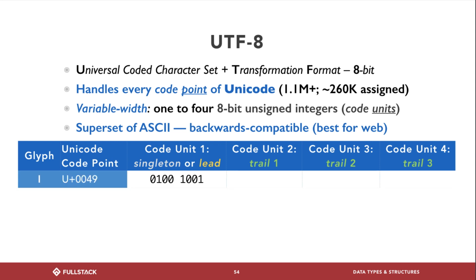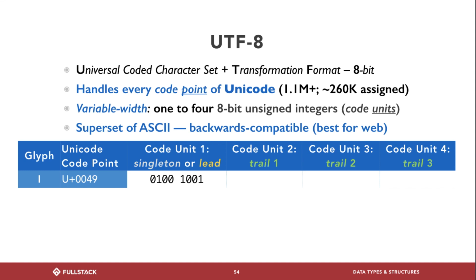The letter I, which is Unicode code point hex 49, not decimal 49, hex 49. That letter I is the binary on-off states of 0100, 1001. Guess what? Even though that's UTF-8 encoding, it's also the identical encoding for ASCII.